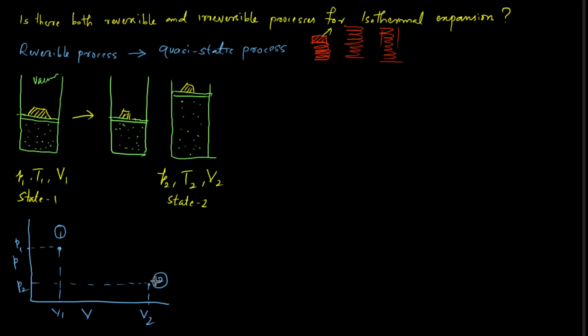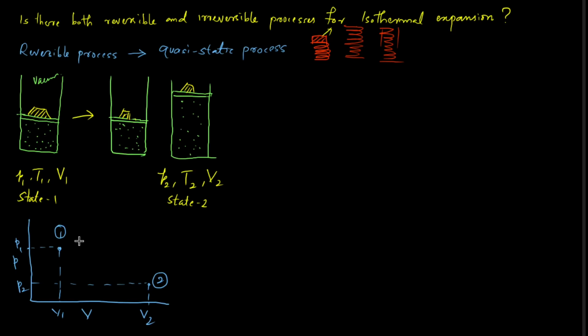Which path is followed by the system during this transformation? Whether it was a constant volume process, a constant pressure process, or isothermal, isobaric, adiabatic, what type of process happened here. Is there any way to know that? Think about it.